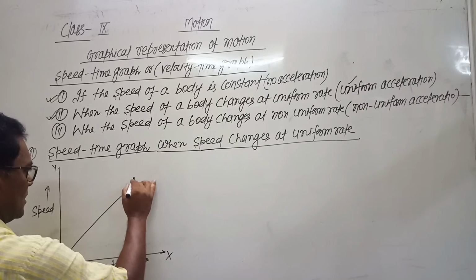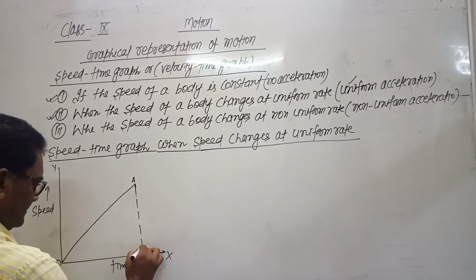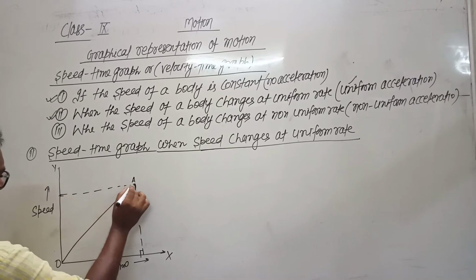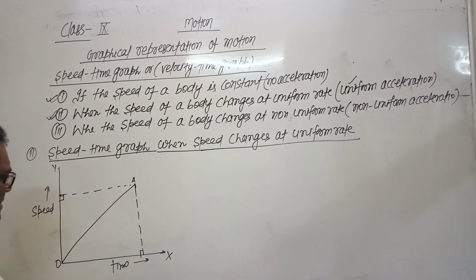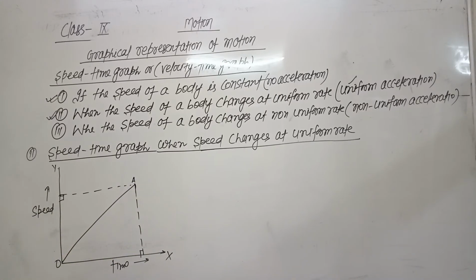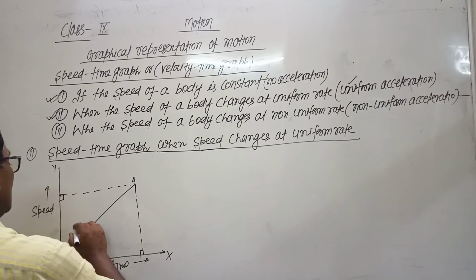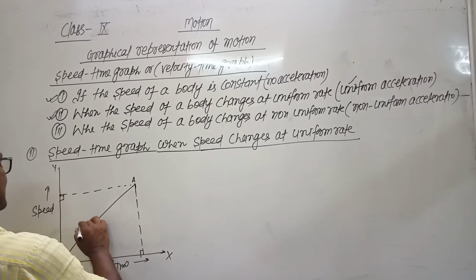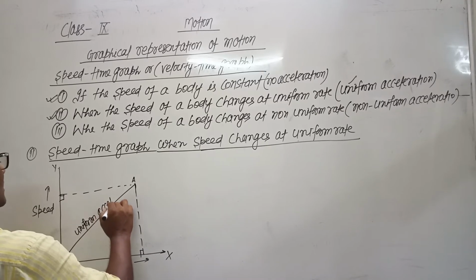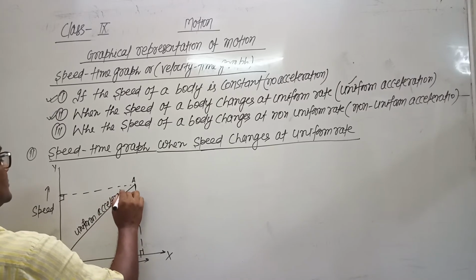Again we will draw a perpendicular on the time axis and also a perpendicular on the speed axis. So OA is the graph when speed changes at uniform rate, meaning uniform acceleration. This is the graph of uniform acceleration.